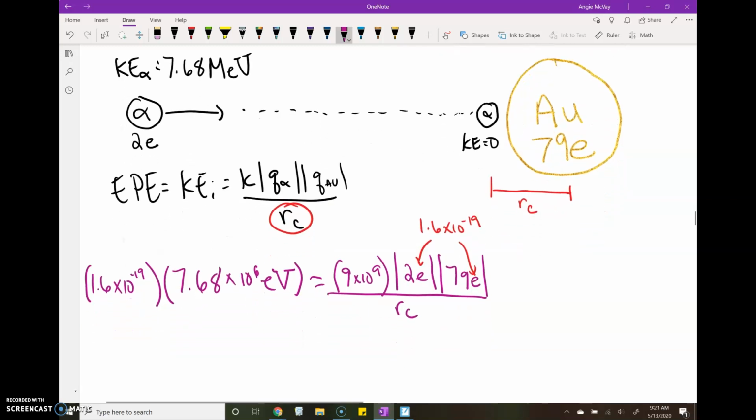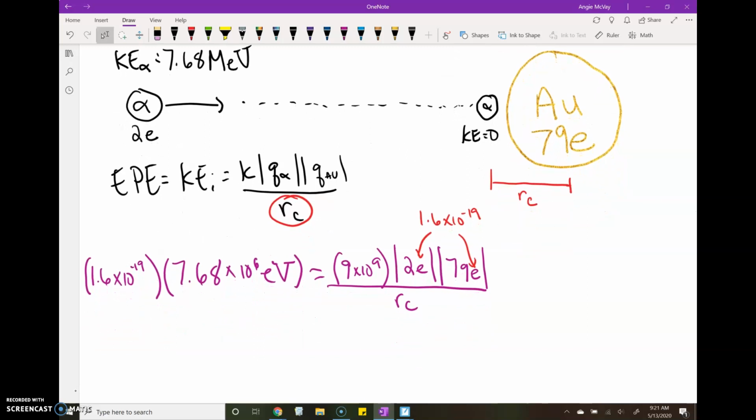Generically, to solve a problem, if we weren't talking about gold, if we were talking about the nucleus of any other element, we could say that the initial energy of the alpha particle is equal to Coulomb's constant times the charge of the alpha particle times the charge of whatever atom it is.